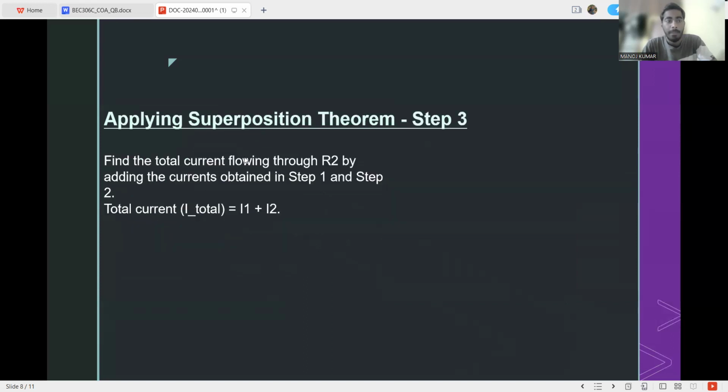Next, applying superposition theorem, step 3. Find the total current flowing through R2 by adding the currents obtained in step 1 and step 2. Total current I total is equal to I1 plus I2.